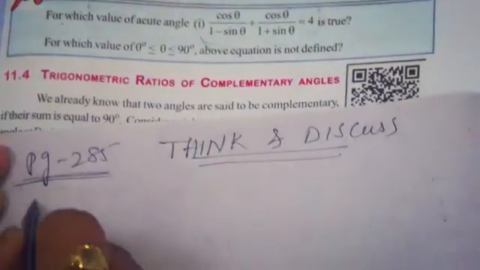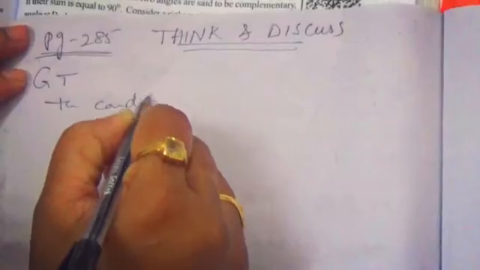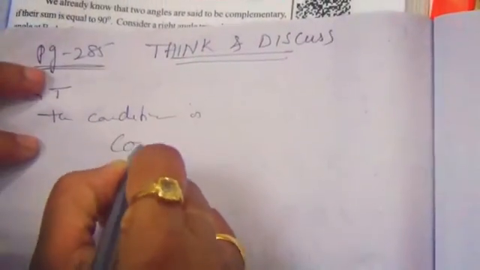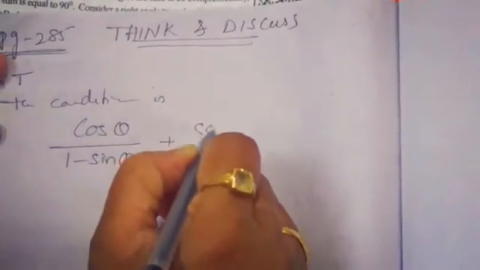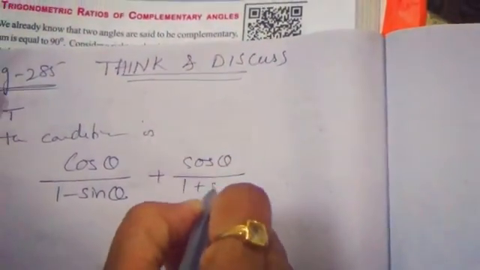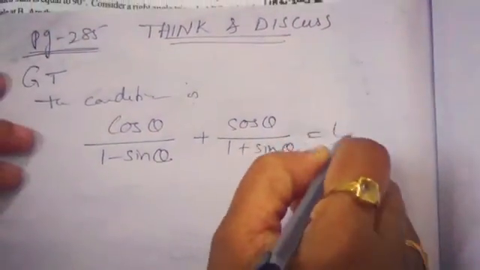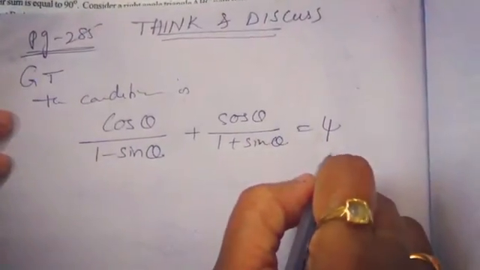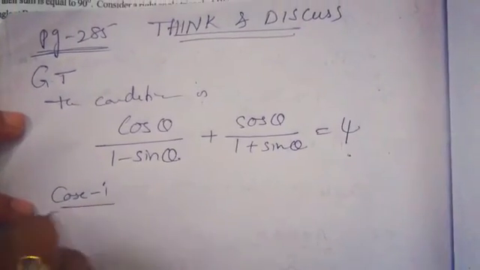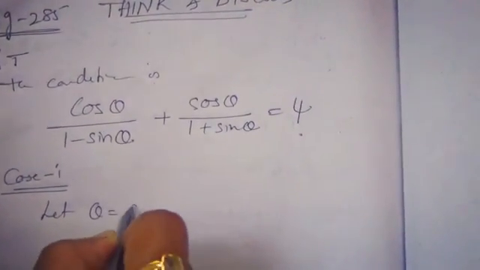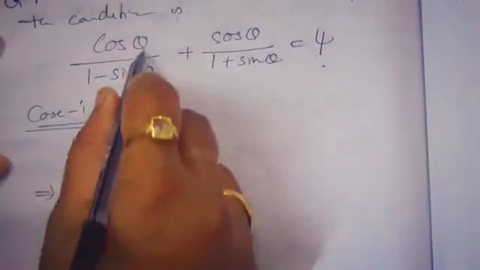Case 1. Given the condition: cos theta by (1 minus sin theta) plus cos theta by (1 plus sin theta) is equal to 4, we have to prove it. Case 1: let theta be 0 degrees. Substitute 0.